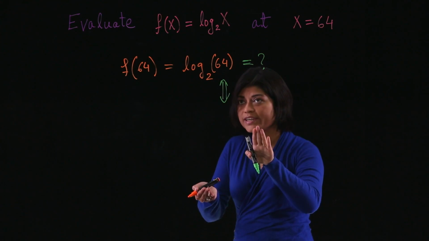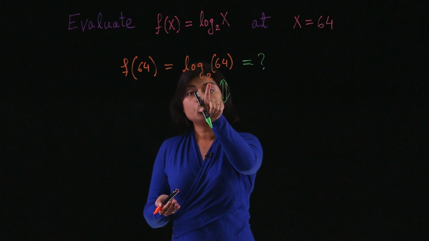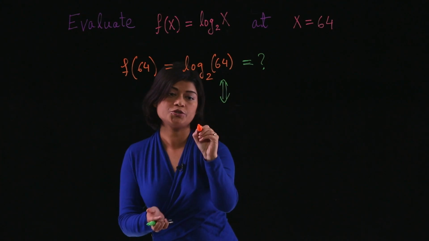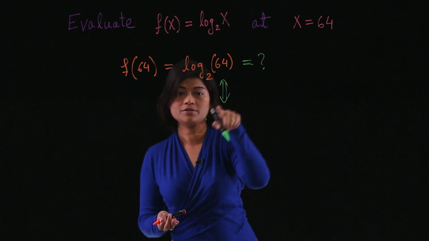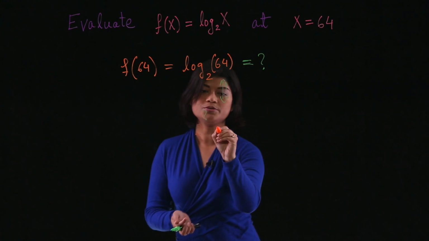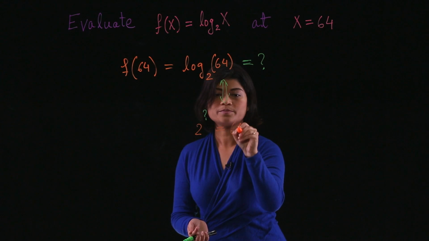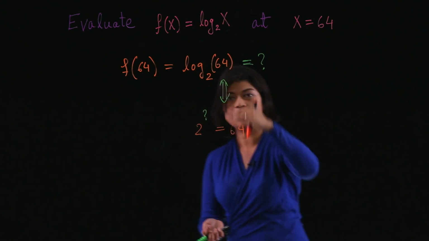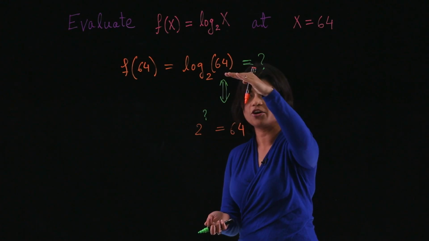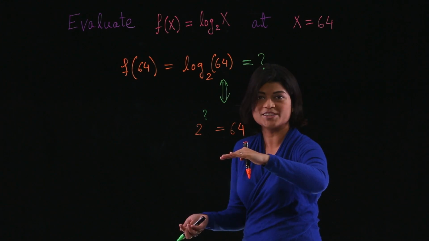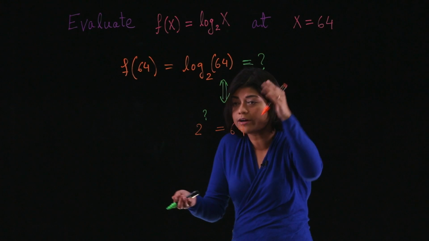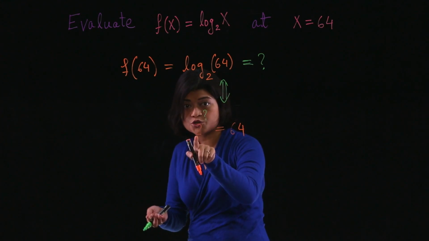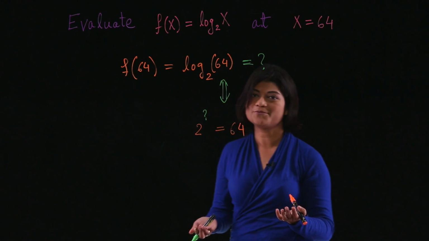It's equivalent to saying 2 raised to what number is equal to 64. This is how these two functions are related, the logarithm and its inverse, the exponential. So logarithm of 64 base 2 is the number. When you raise 2 to the power that number, you get 64.